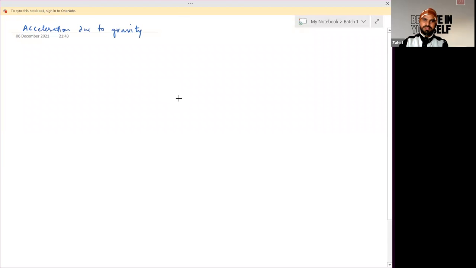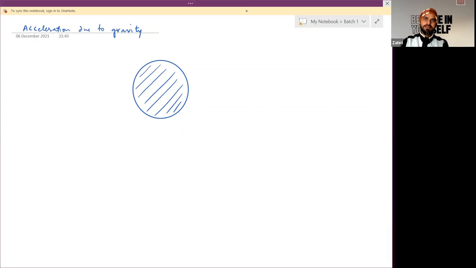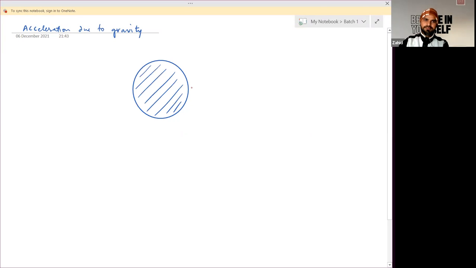Suppose you have Earth and a point mass is placed on its surface. Earth has capital M. Distance between these two will be radius r. So gravitational force between these two objects will be G M m by separation r squared.